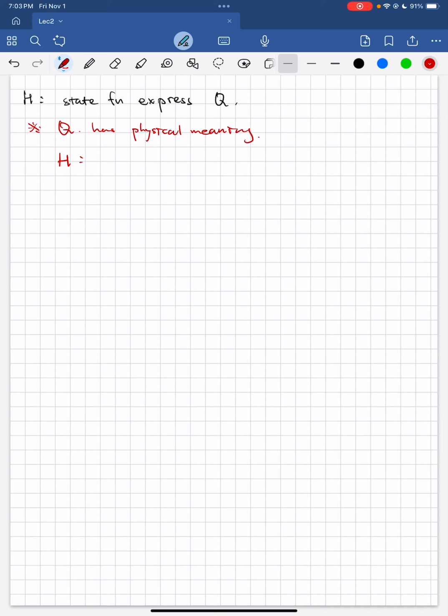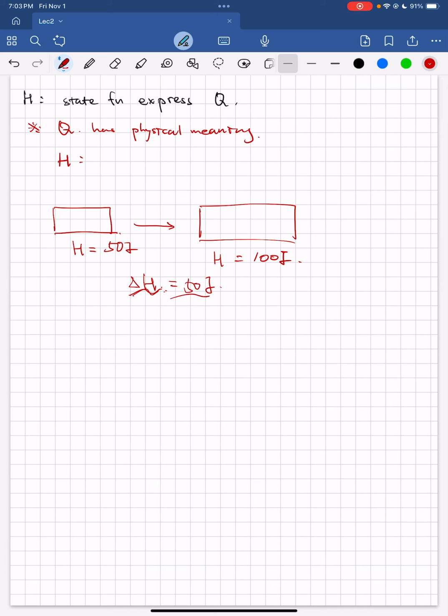Now you can see that when a material has H equals 50 joules, now you add something to it, H becomes 100 joules, then you can say that the enthalpy change, the state function way of heat, delta H is 50 joules. You can easily calculate this.